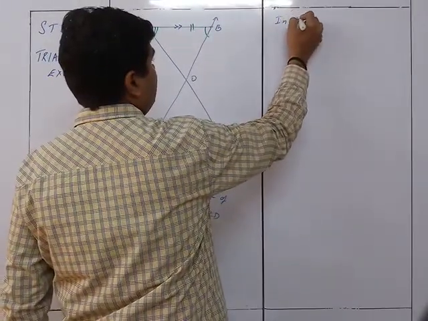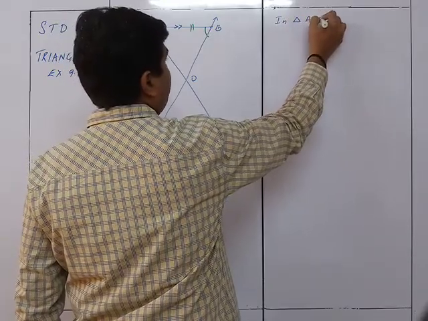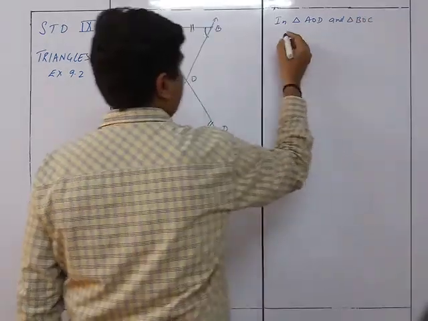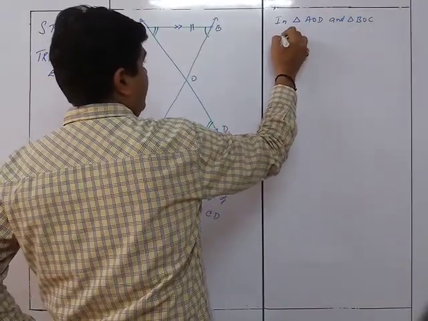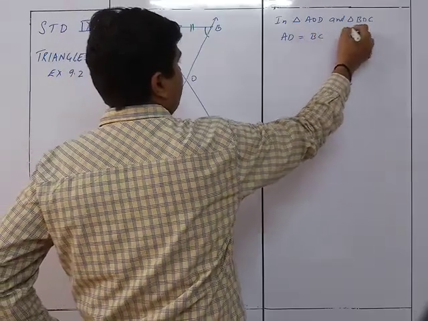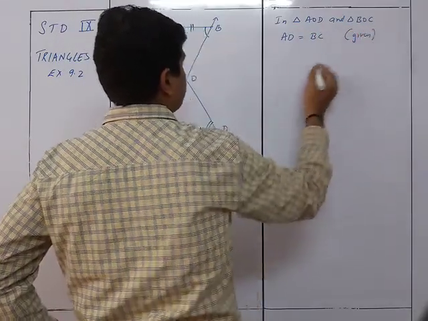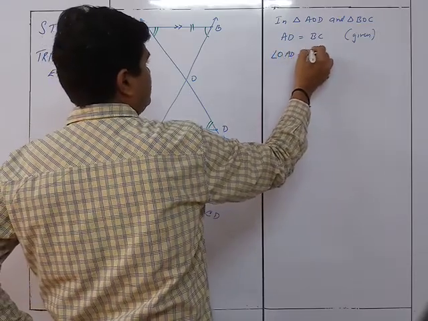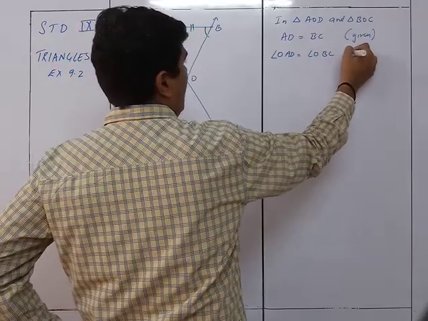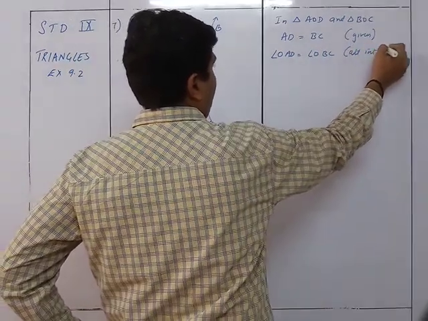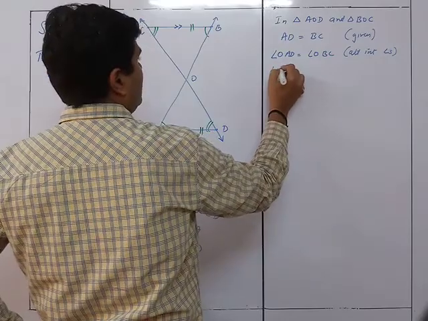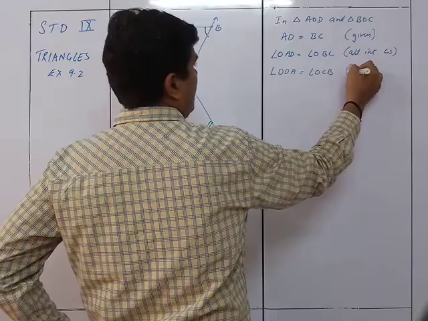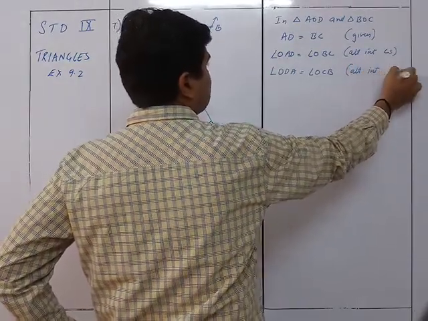In triangle AOD and triangle BOC, we have AD is equal to BC, given. Angle OAD is equal to angle OBC, alternate interior angles. Angle ODA is equal to angle OCB, again alternate interior angles.